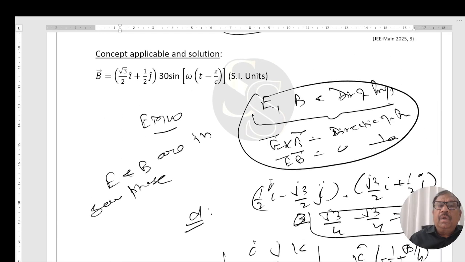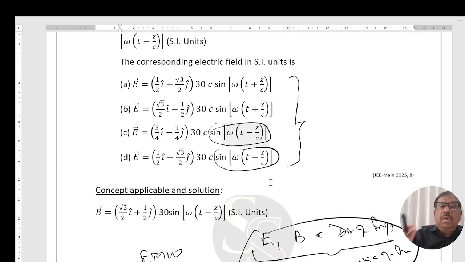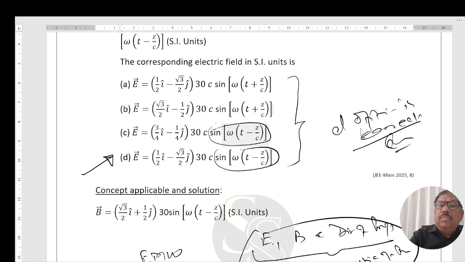Right? Along that direction. So this is the correct answer. D option is the correct answer.